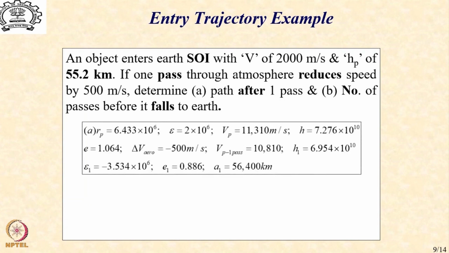So let us start with the basic orbital mechanics relation, which I am reproducing here. You can refer to these relations independently for greater clarity, but it can be shown that the velocity at periapsis, the VP, which is the point closest to Earth, will be of the order of 11,310 meters per second for the case when it enters the Earth's sphere of influence at 2000 meters per second.